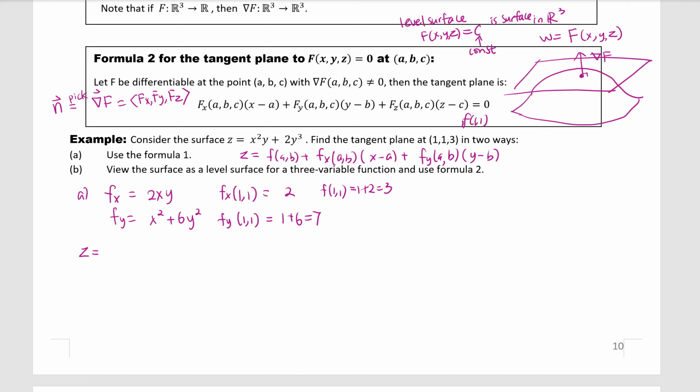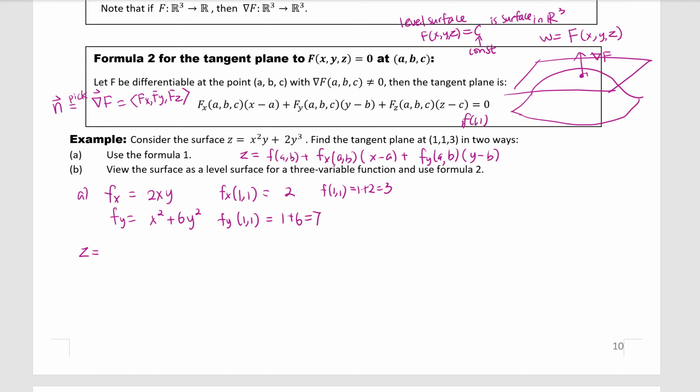Now, let's use the second method. We consider this a level surface of a three-variable function. So we define the three-variable function f(x, y, z) to be the left hand side minus the right hand side: z minus x squared y minus 2y cubed.